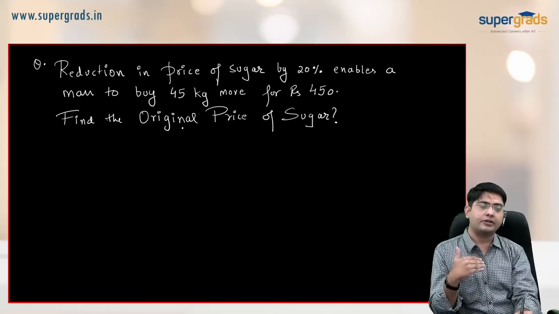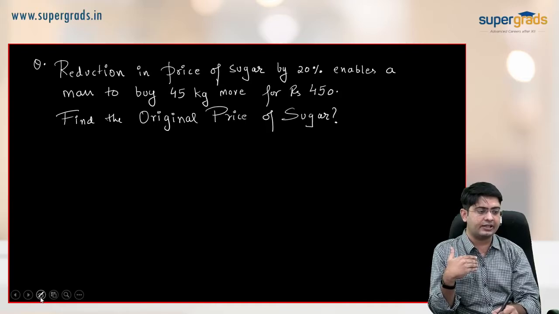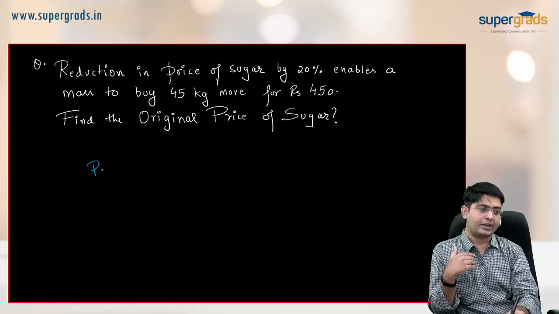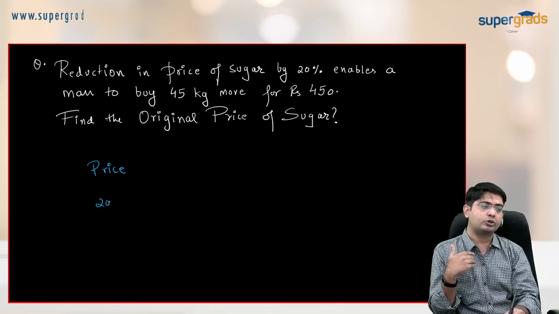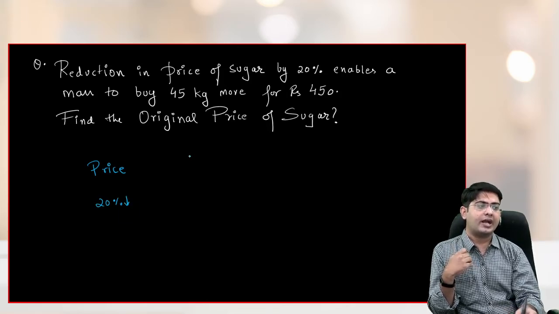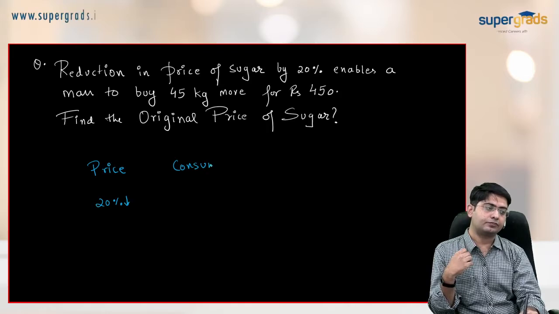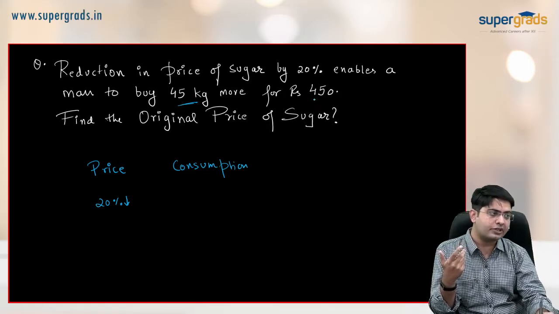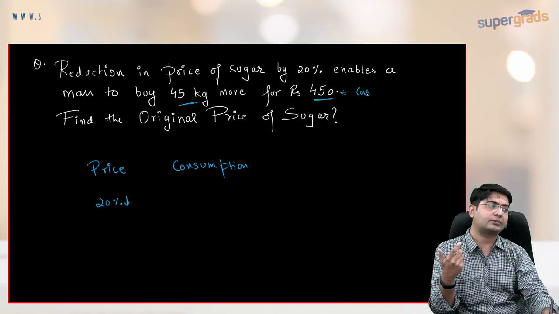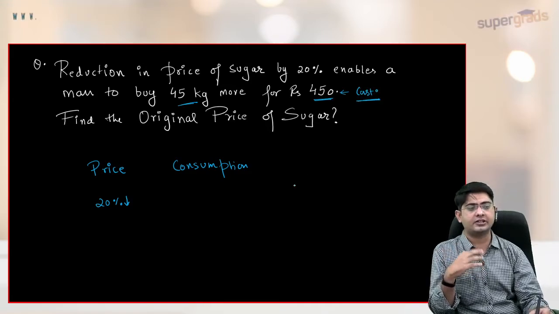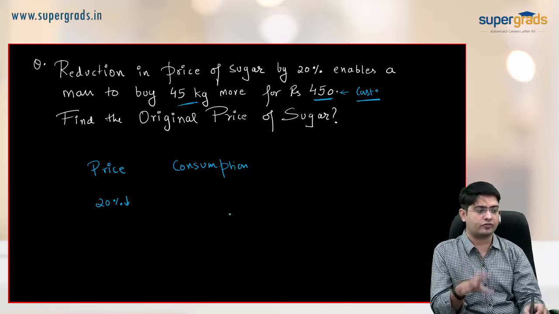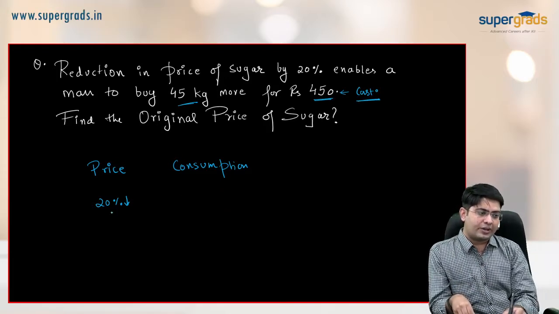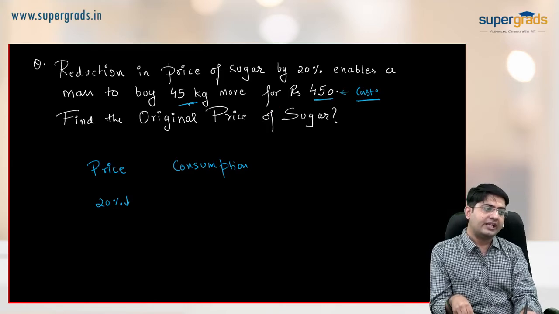Here the price has clearly been reduced by 20%, and the consumption has increased by 45 kg, because a person can buy 45 kg more for rupees 450. This is the constant expenditure of rupees 450. So when the price is reduced by 20%, he can buy 45 kg more.